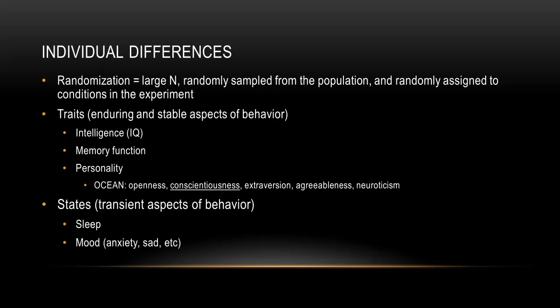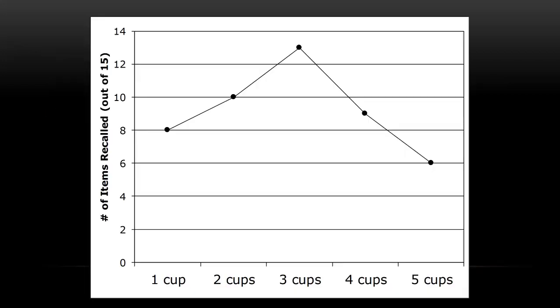And I could get all of these things and measure them all, and then I could try to ensure that I equally and evenly distribute these individual differences across all of the conditions. And so that way, if I come back here to my graph and say, okay, I have measured all of these things that I think could affect people, and I have ensured that my 1 cup condition has an equal number of people who fit the different categories, as does the 2 cup, 3 cup, 4 cup, and 5 cup, and I've got them all evenly distributed, right?